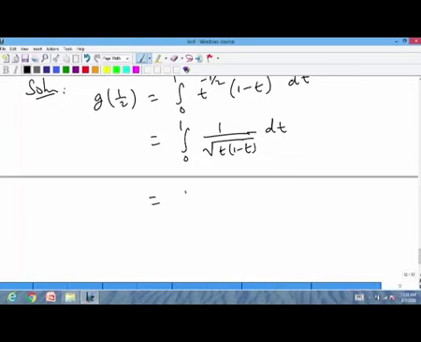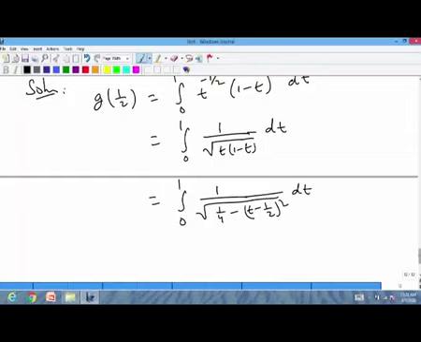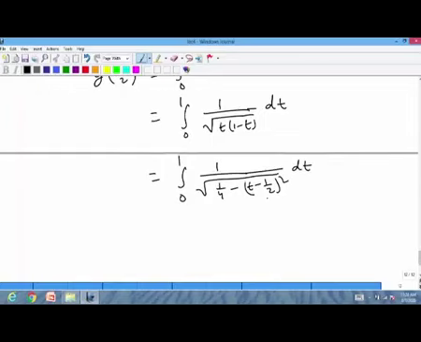Now, this can be written as the integral from 0 to 1 of 1 by square root of, we have t minus t square inside the square root. So, this can be written as 1 by 4 minus (t minus half) square, dt. 1 by 4 will cancel and we will get minus t square plus t.